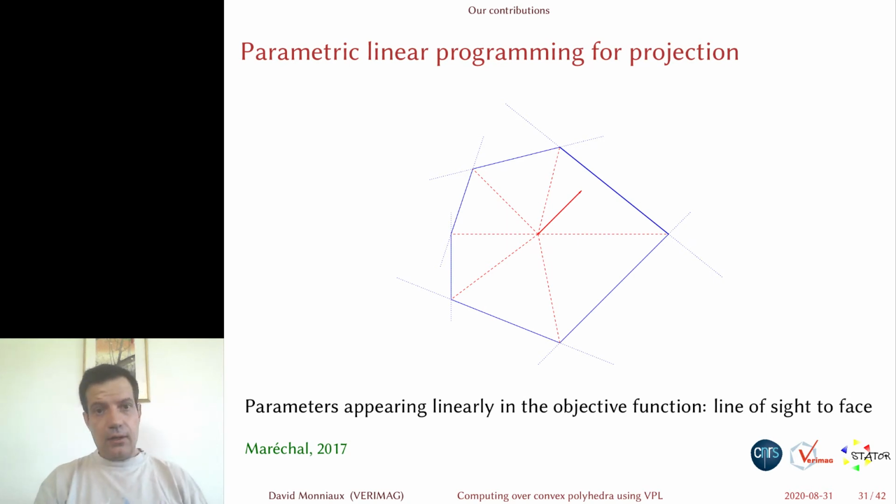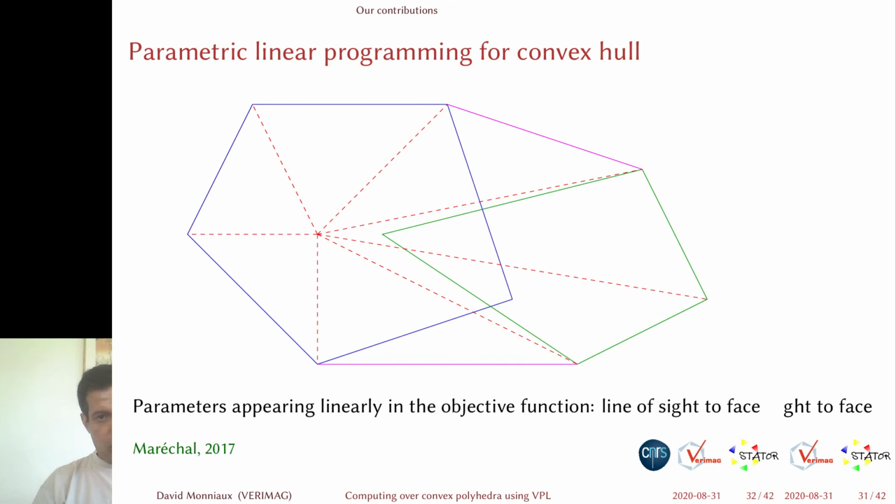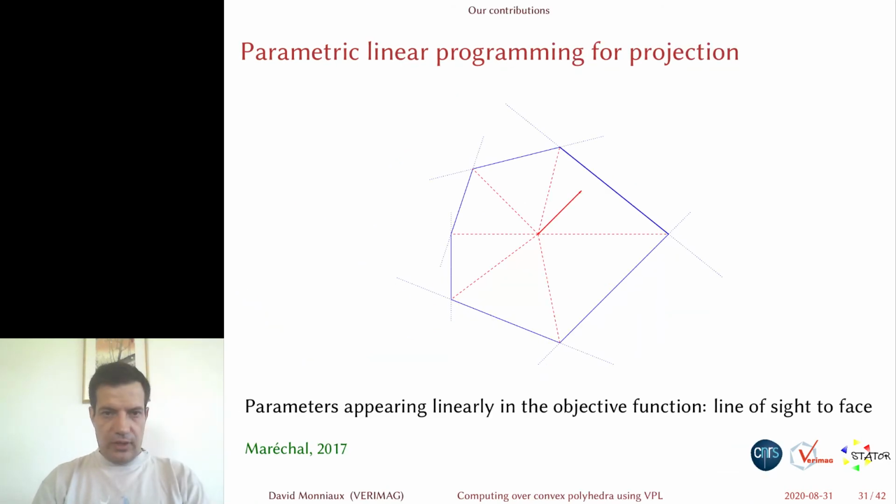By duality, and I recall that for doing projection, we're doing that in the dual, what we essentially will be doing will be computing a kind of map of the projected polyhedron. We will have one point inside the projected polyhedron, and we will say, if you look in this cone of directions, then the face that you are looking at is this face. If you go to this other cone, then you will get that face.